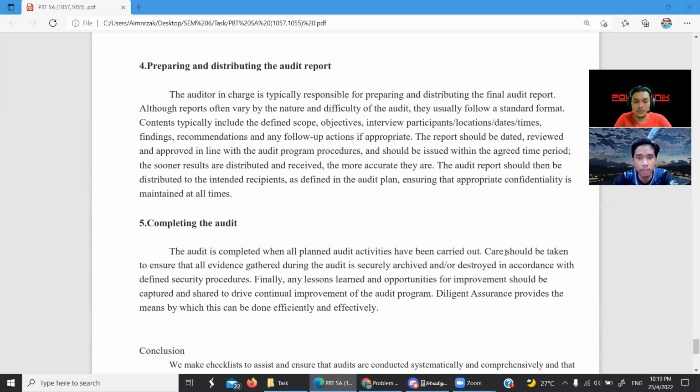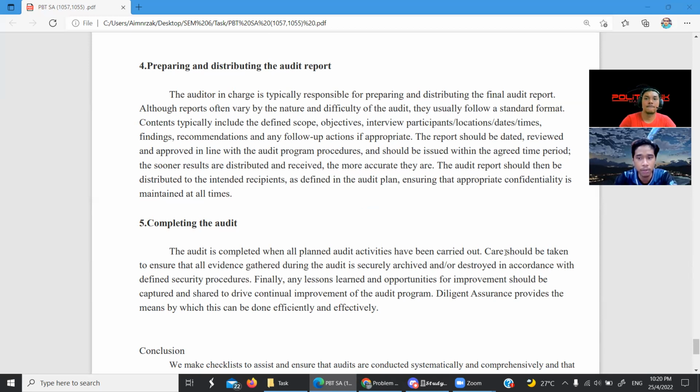Contents typically include the defined scope, objective, interview participants, location, dates, times, findings, recommendations, and any follow-up action if appropriate. The report should be dated, reviewed, and approved in line with the audit program procedure, and should be issued within the agreed time period. The sooner results are distributed and received, the more accurate they are.